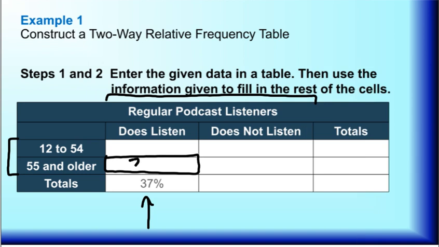So 7.4% are 55 and older. Now to find out the top one, we could use another percentage, but we could just subtract 37% and 7.4% to figure that out. So 37 minus 7.4% gives us 29.6%. So 29.6% of those who listen are 12 to 54-year-olds.